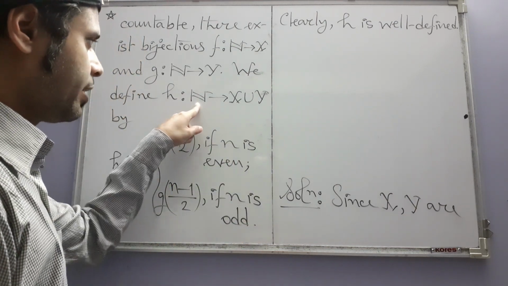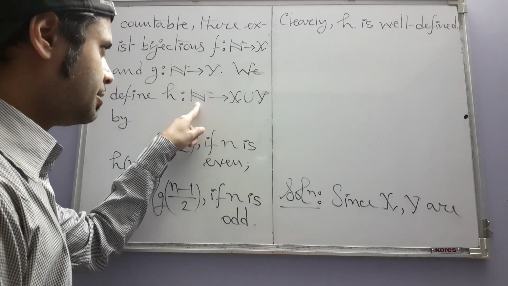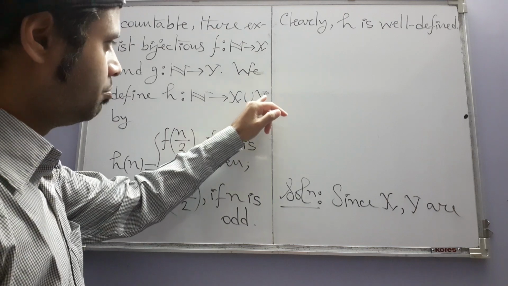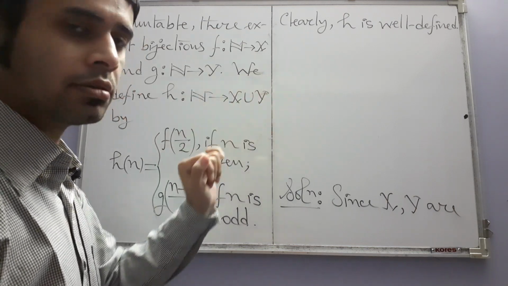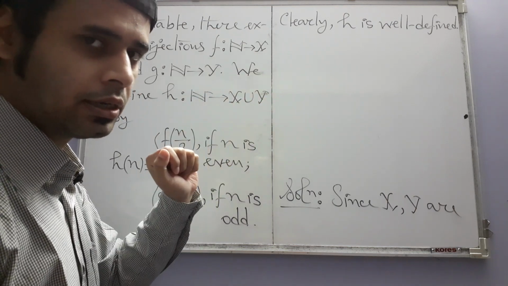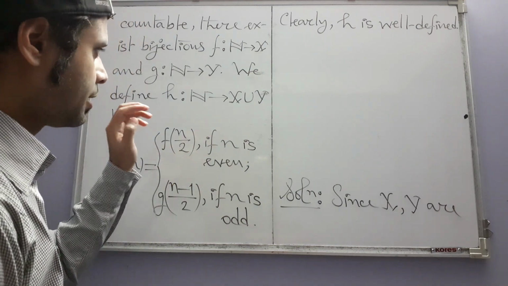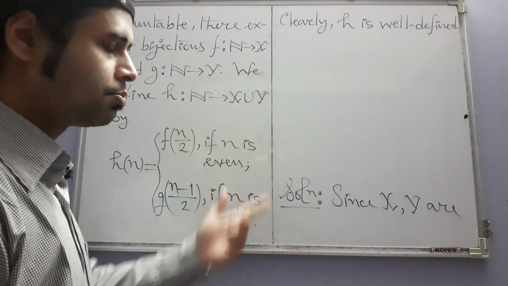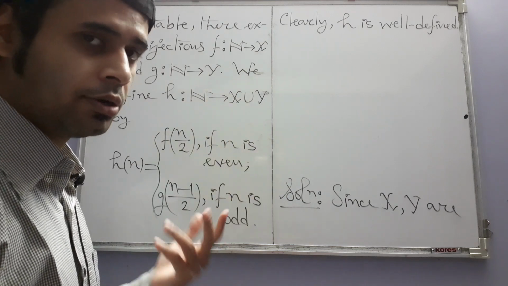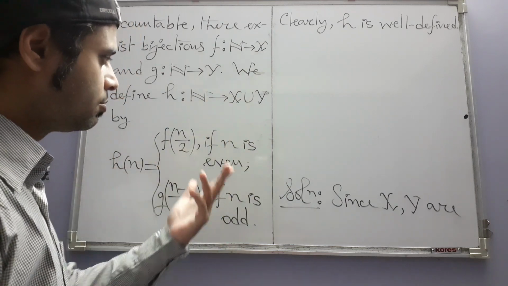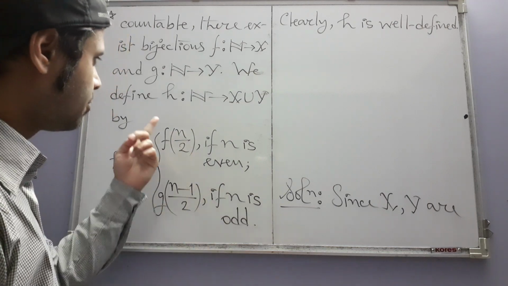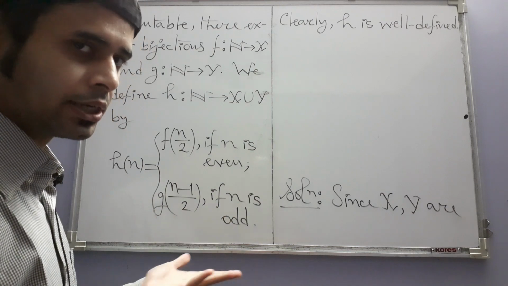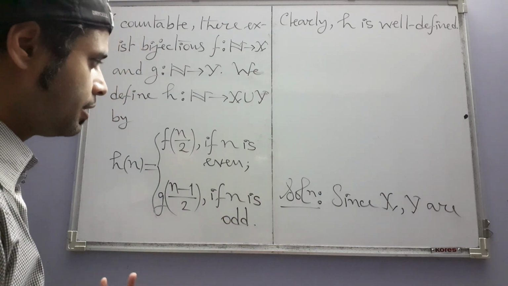You take any natural number, its image under h should first of all be an element in the range. That means it should be in X union Y. And the second thing is that for that given input, the output should be unique. There should be only one output. If these two criteria are met, then only h is well defined. That means h is a legitimate function, and then we can work with it.